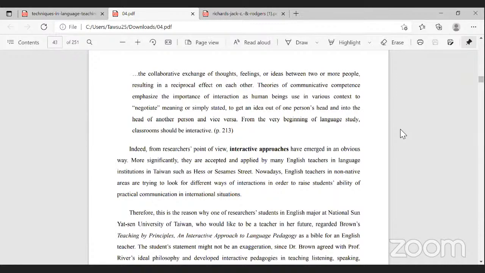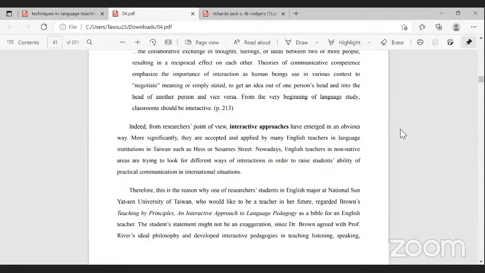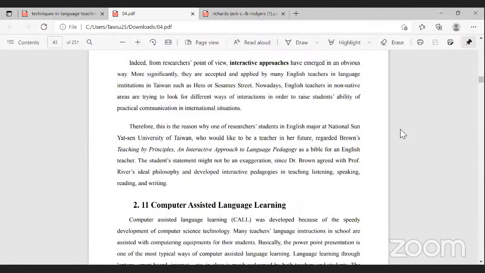This is the reason why one of the research students in English major at National University of Taiwan, who would like to be a teacher in the future, regarded Brown's Teaching by Principles, an interactive approach, as the Bible for English teachers.